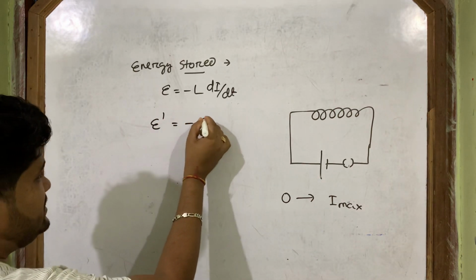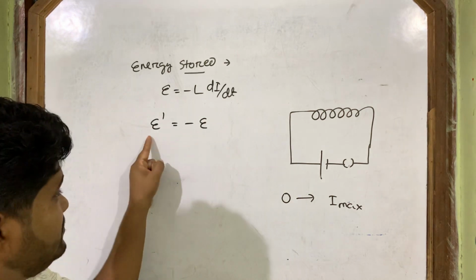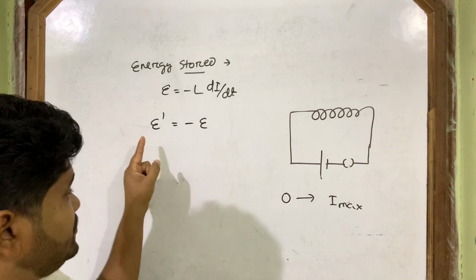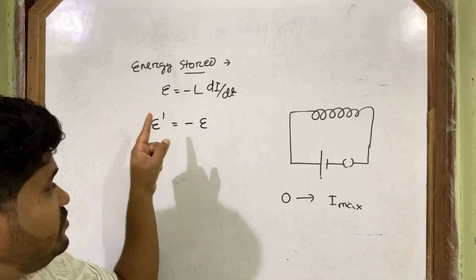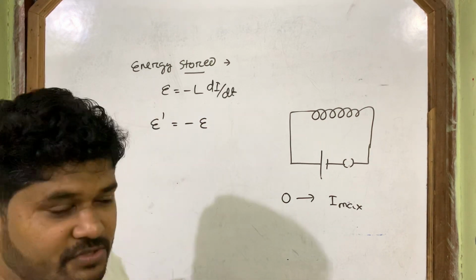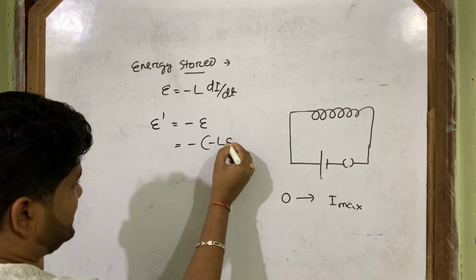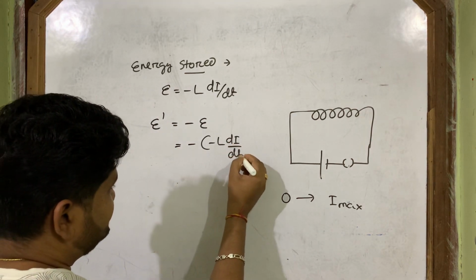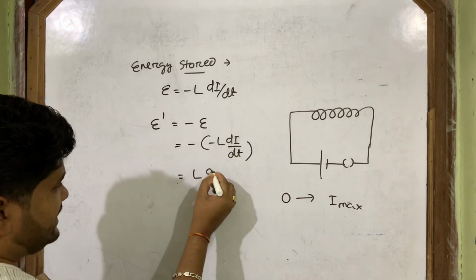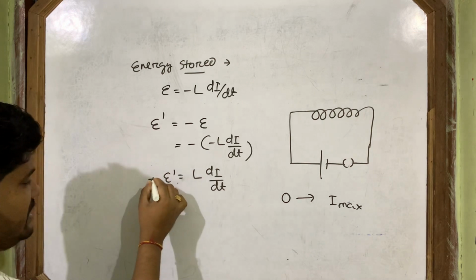The applied EMF must be equal and opposite to the induced EMF, because it overcomes this opposition. So the induced EMF is minus L di by dt, and the applied EMF is L di by dt.